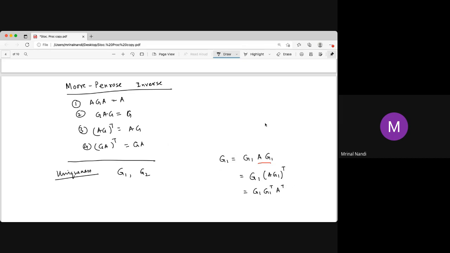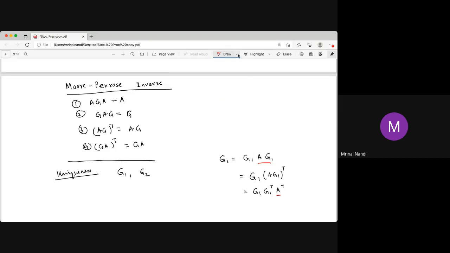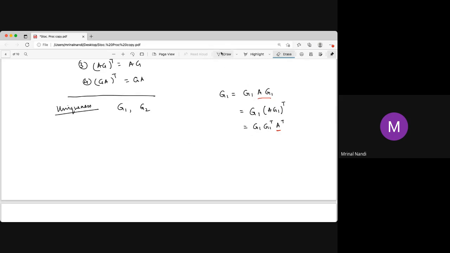Now we replace that A. Now use A equals AG2A, because G2 is a g inverse. So we get G1 transpose A transpose G2 transpose A transpose.